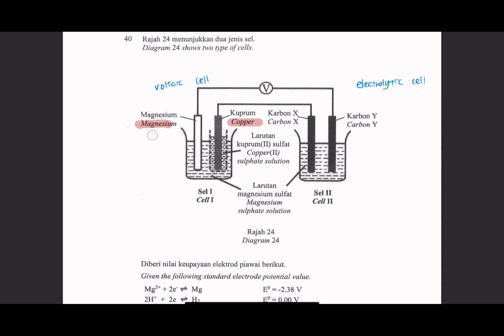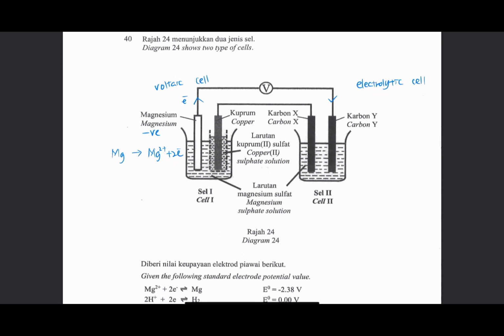Okay, we go through cell 1. Magnesium and copper. Magnesium is more electropositive, so this will be the negative terminal. Magnesium will be oxidized and donate electrons. So the electrons will flow to carbon Y, so something will be reduced over here.